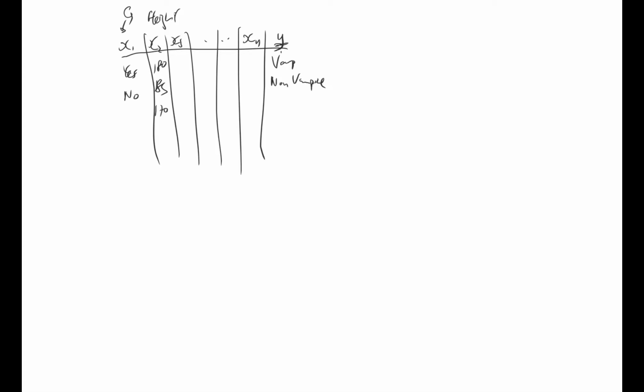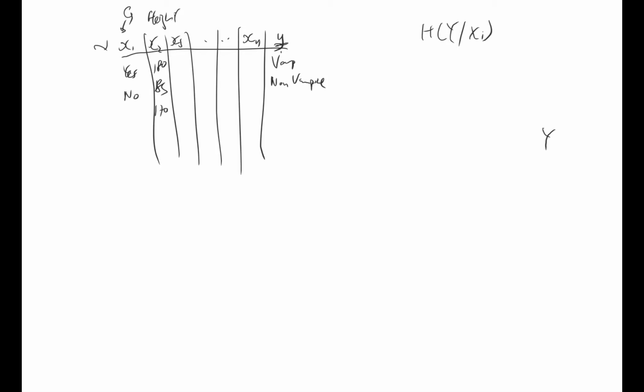So based on each of the features, what we have here is this final thing, this y I want to classify, right? So what I can do is look at each of the features and see which one reduces my entropy the most, my conditional entropy the most.